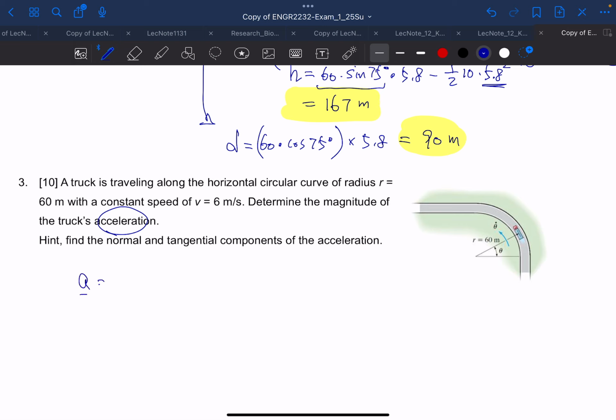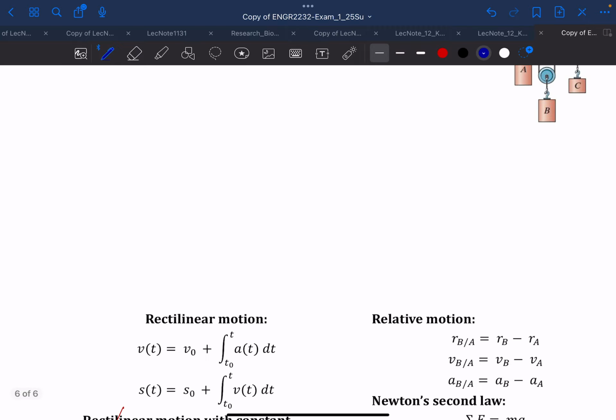So acceleration is a_t u_t hat plus a_n u_n hat, where a_t is v dot and a_n is v squared over rho, right? I believe that's all provided here as well.